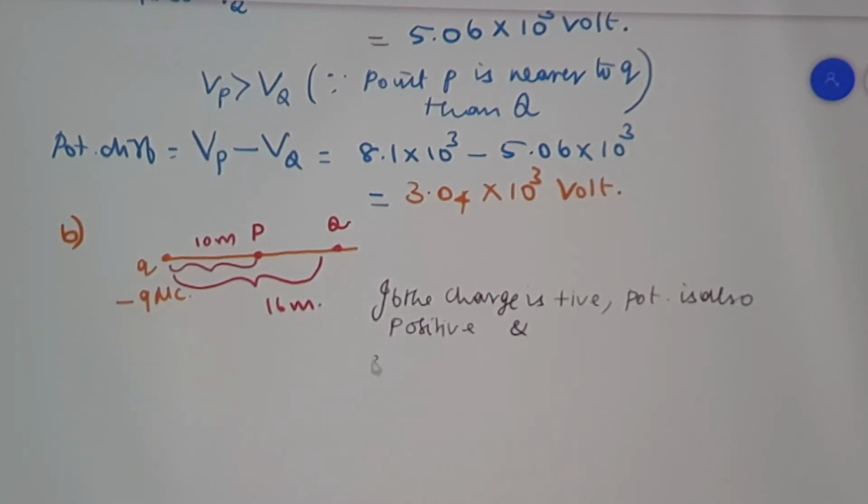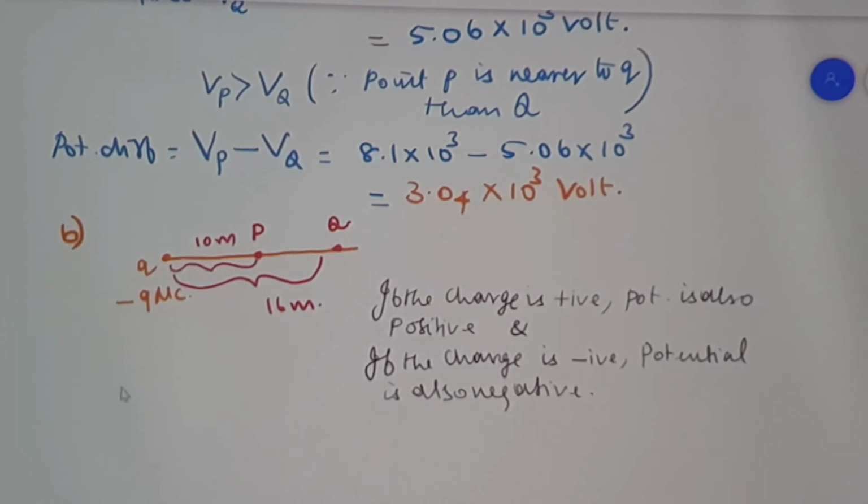And we can write, if the charge is negative, then potential is also negative. So based on this concept, the same points P and Q are at the same distance as in the previous case.